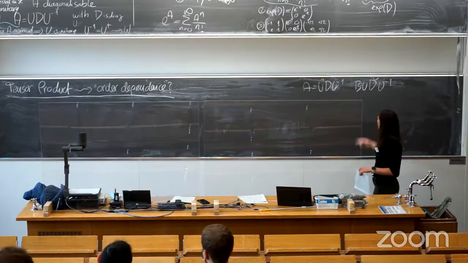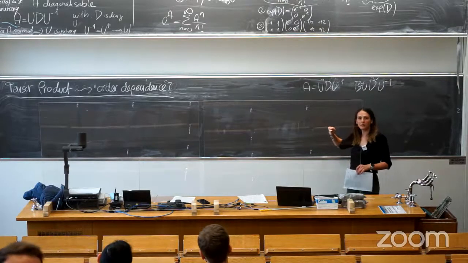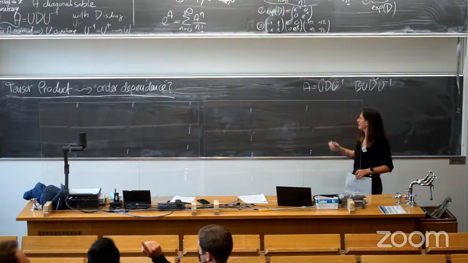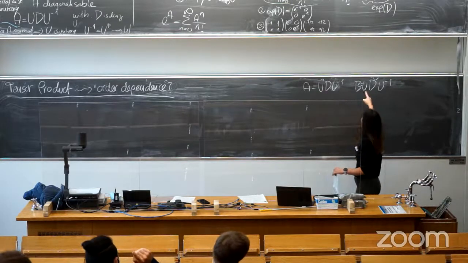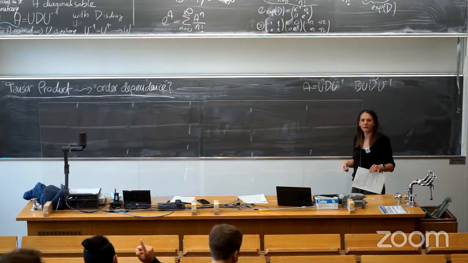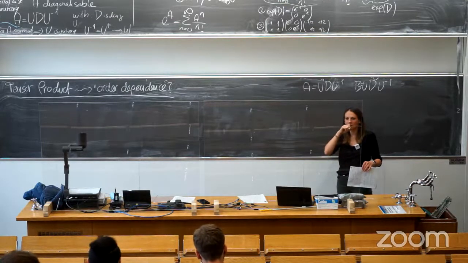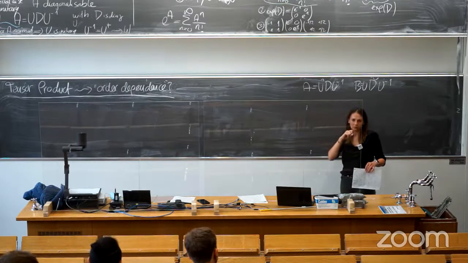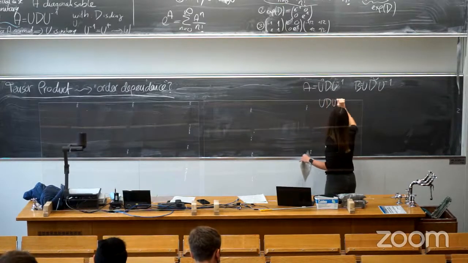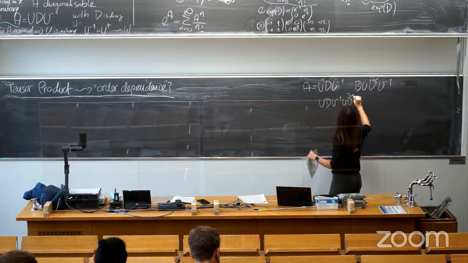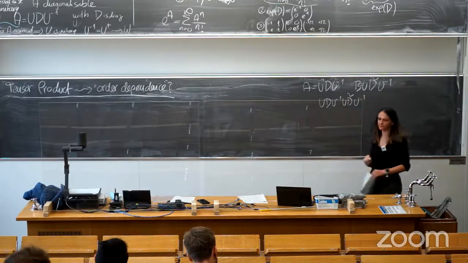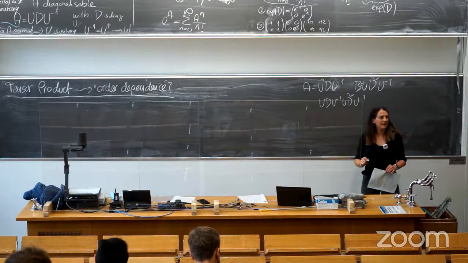Yeah, because you see, if they don't commute, either the U is different, or maybe they are not diagonalizable. If you see here, U D U minus 1 times U D dagger U minus 1, exactly. Any other question?